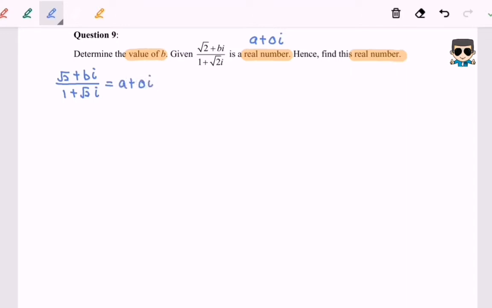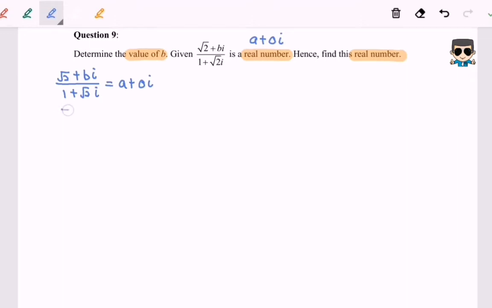So by referring to the equation, we can see that for the left hand side, the denominator is a complex number, while for the right hand side, the denominator part is actually a real number. So my suggestion would be to multiply the left hand side by a conjugate so that the denominator becomes a real number.